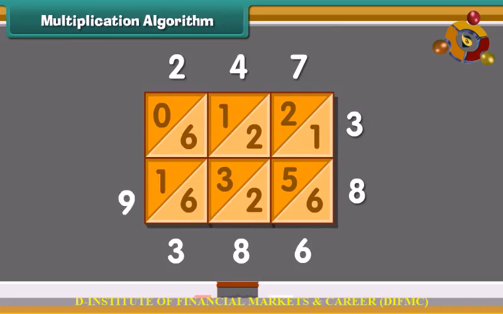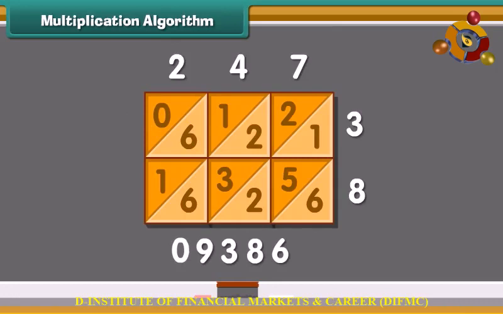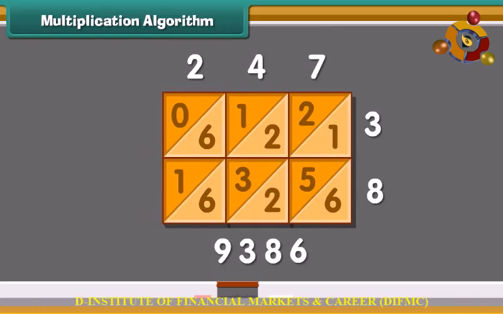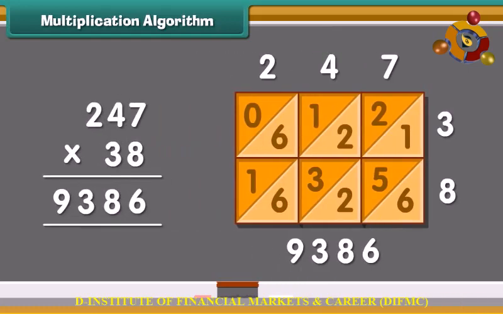Add 1 carry to the answer. We get 9. And 0 is 0. We get the answer 09386. Thus, we have the answer of 247 into 38 as 9386.